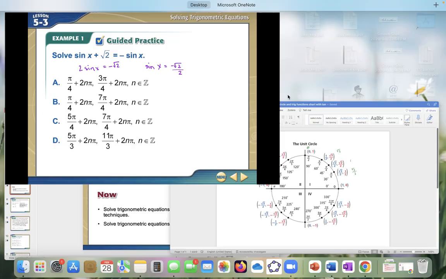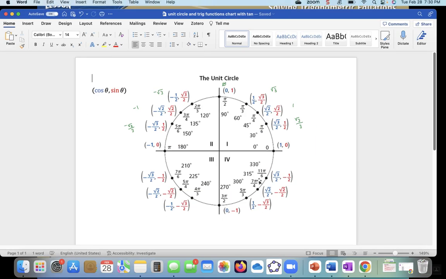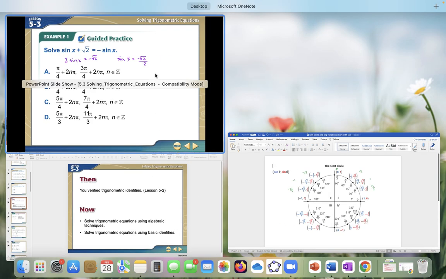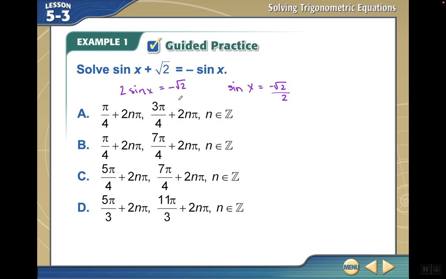And then I'll go to my unit circle and find the red negative square root of 2 over 2, which looks like 7 pi over 4 and 5 pi over 4, which is what they got as well.